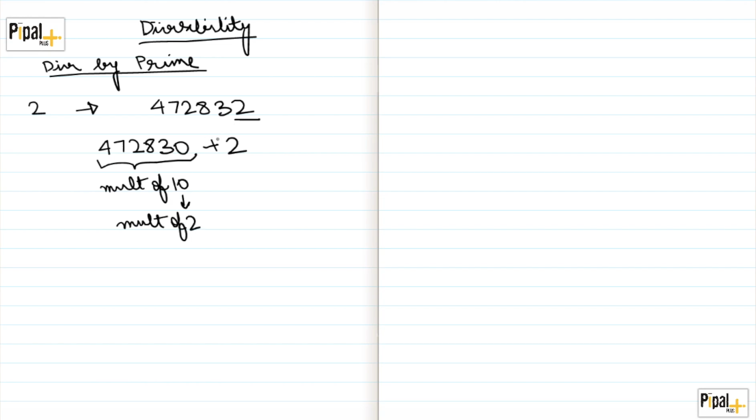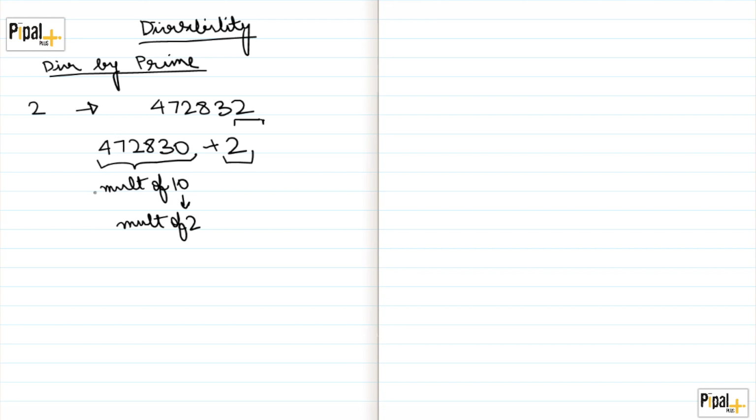So without even doing anything, all of these numbers with a 0 suffixed is a multiple of 2. So all I got to do is check whether this last digit is divisible by 2. So if something divisible by 2 is added to something which is divisible by 2, the sum will become divisible by 2, isn't it? So this is why I just look at the last digit to verify whether a number is divisible by 2 or not.